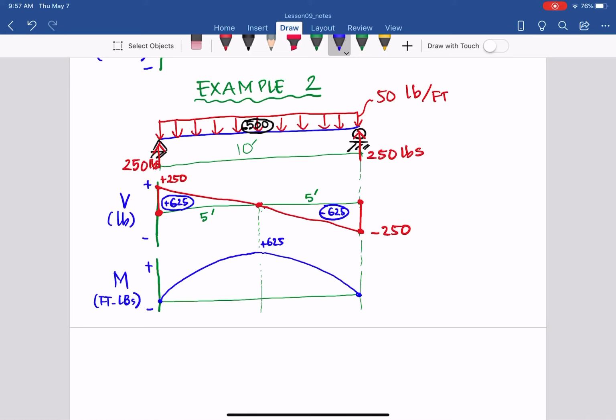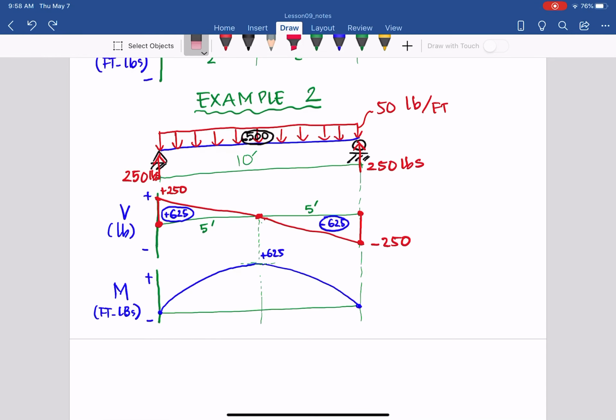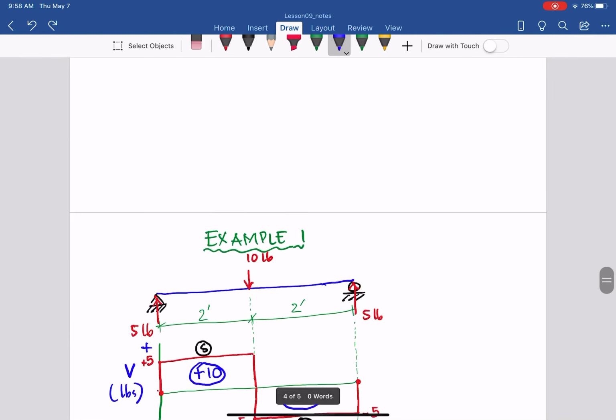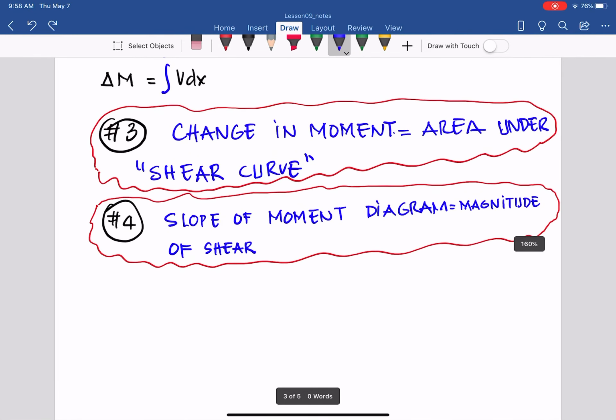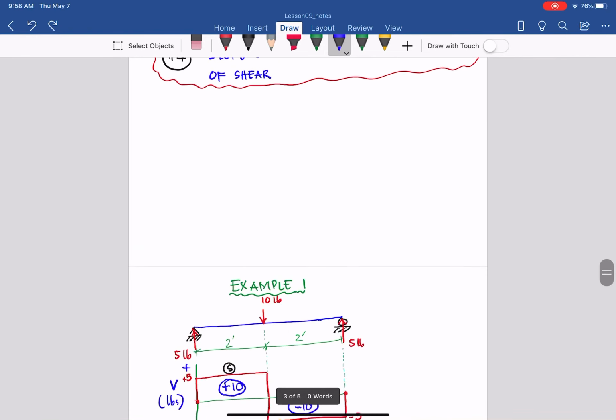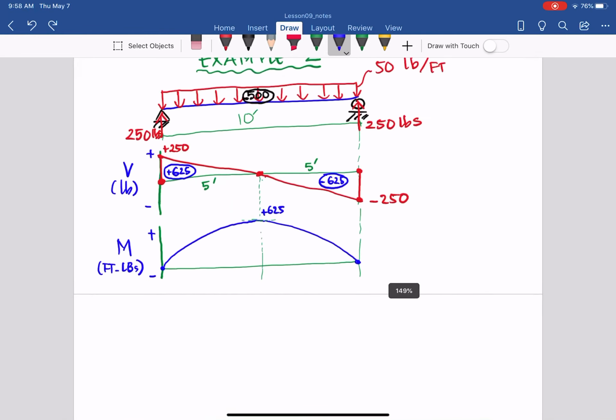So that starts at 0, plus 625, and as you can see here, the slope at that point in the middle is horizontal. That way is correct for how you draw the parabola, because the shear at the middle point in the shear diagram equals 0. Then the slope at that point has to be 0, because we said the slope of the moment diagram equals the magnitude of the shear at any point, including the middle point.